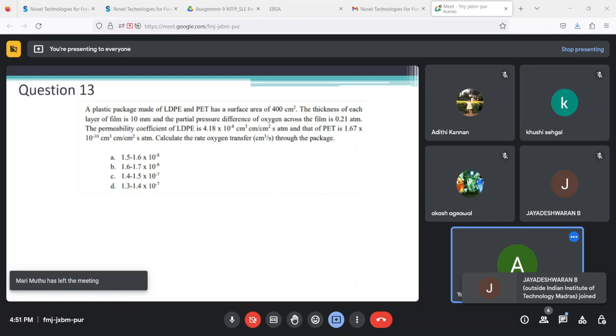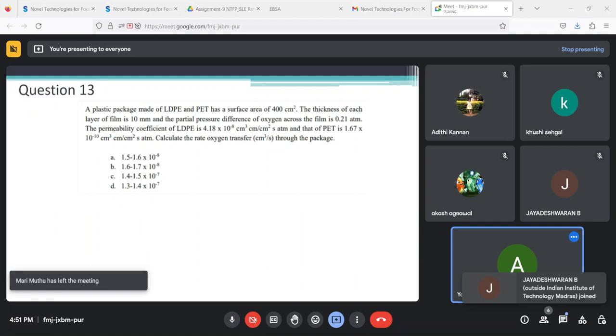So here you are not dealing with thermal conduction, you are dealing with mass transfer. The permeability coefficient of LDPE is 4.18 into 10 power minus 8 centimeter cube centimeter per centimeter square second atmosphere, and that of PET is 1.67 into 10 power minus 10. So calculate the rate of oxygen transfer through the package.